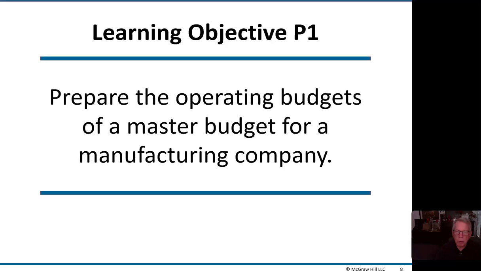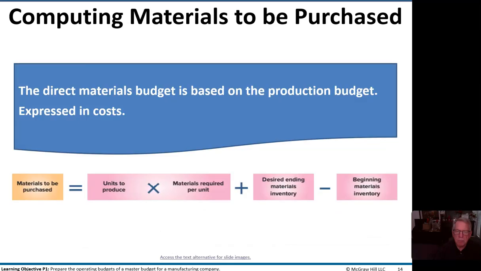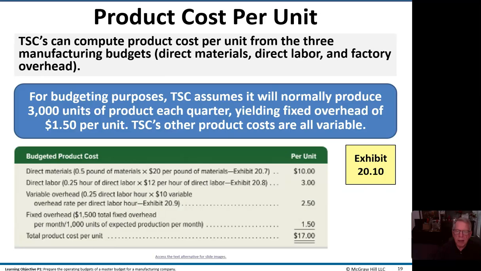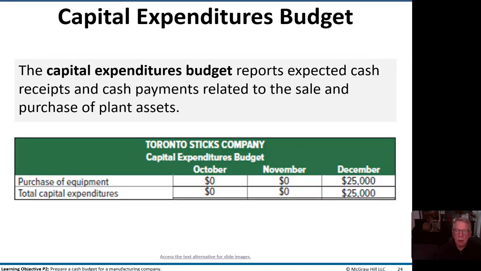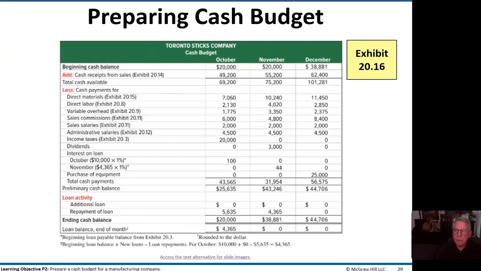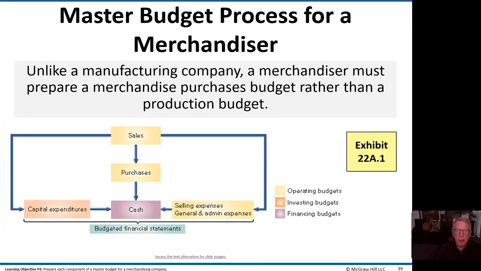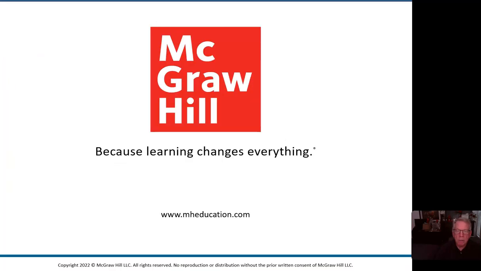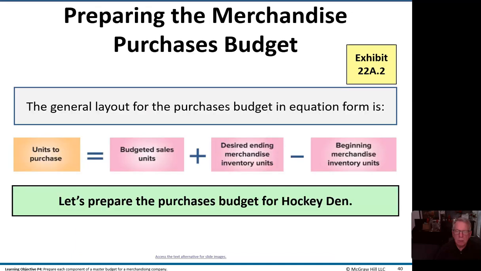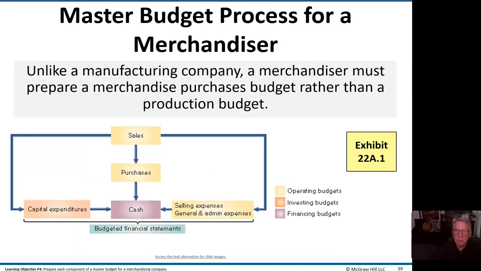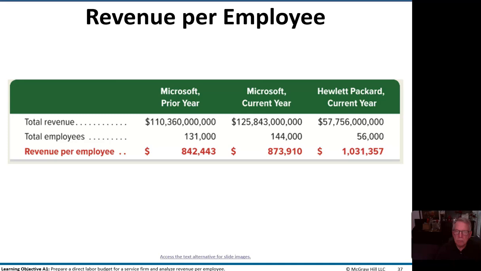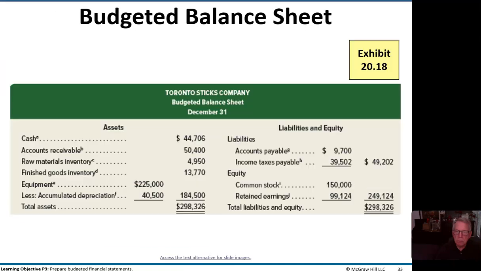And they don't give us a preliminary balance sheet. Okay, so that would include our purchase of $25,000.